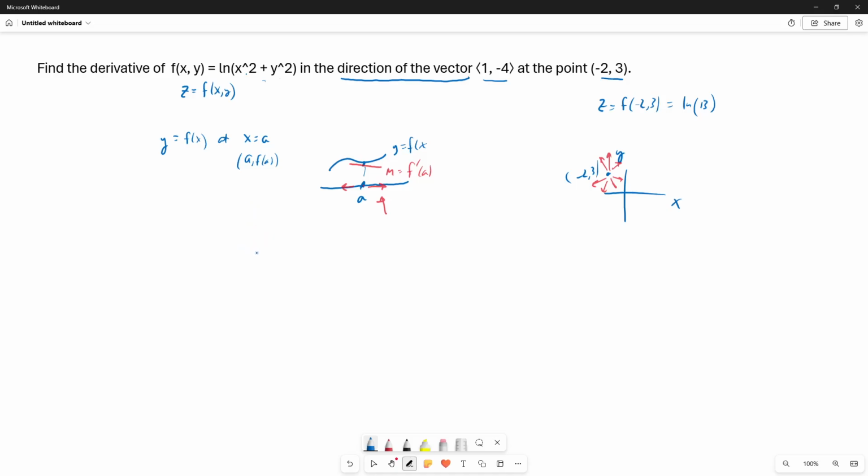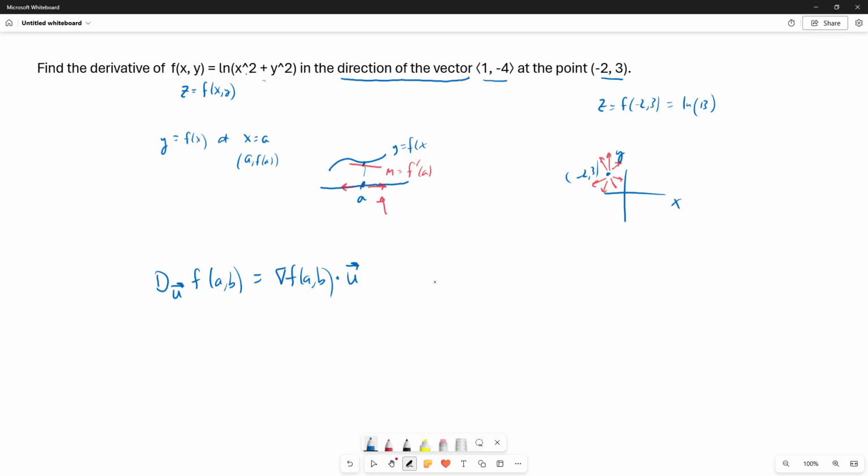Okay, so now the formula for finding the derivative in the direction of a vector u of a function at a point (a, b) is the gradient of the function at the point dotted with the vector. So that's our formula.